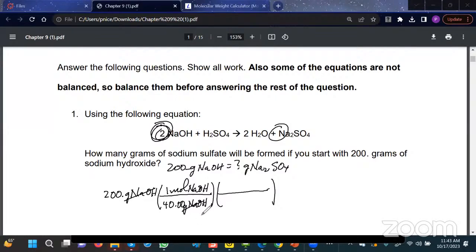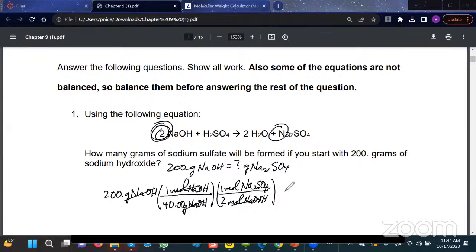Sure about that? Exactly. You know why? Because you can do this. You see what I'm saying? So what goes up top here? 1 mole of sodium sulfate. Very good. All right.